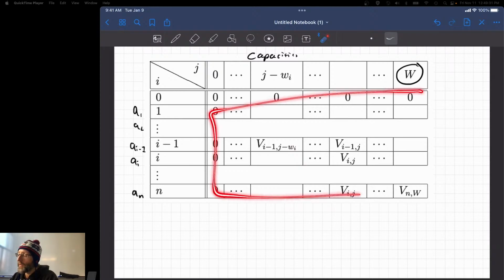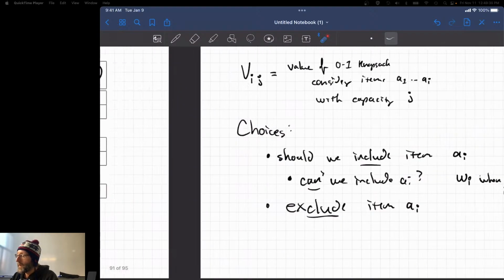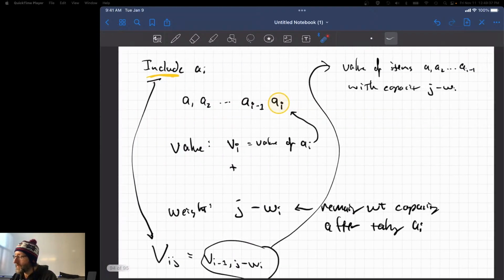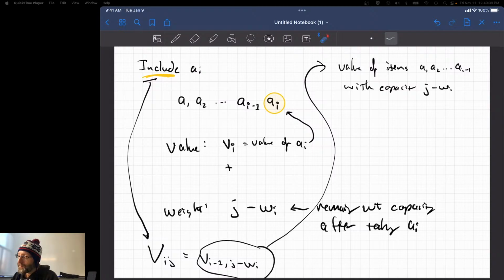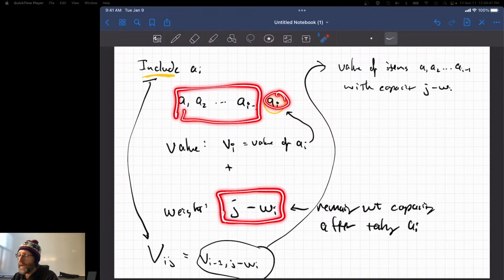And these are all the potential optimal values here. Now back to this one. Choosing to take A sub I means that we only have to consider these items here. But our weight capacity has changed because we've chosen to take A sub I, reducing from J by taking off whatever weight the ith element is.